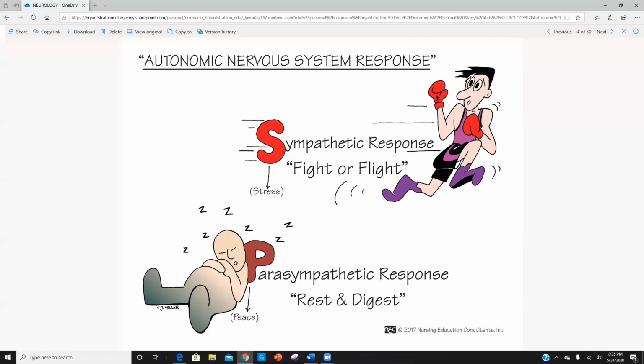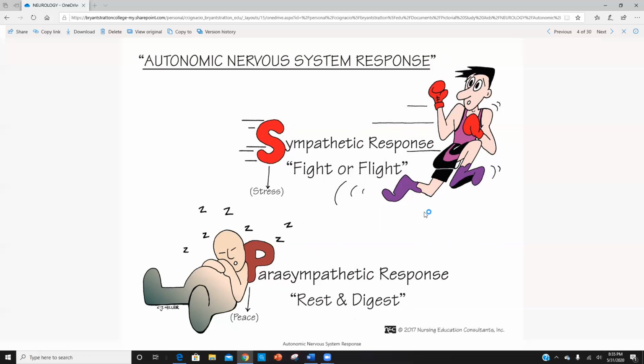When stimulated, these nerves prepare the organism for stress by increasing the heart rate, increasing blood flow to the muscles, and decreasing blood flow to the skin. The nerve fibers of the parasympathetic nervous system are the cranial nerves, and primarily the vagus nerve and the lumbar spinal nerves. When stimulated, these nerves increase digestive secretions and reduce the heartbeat.